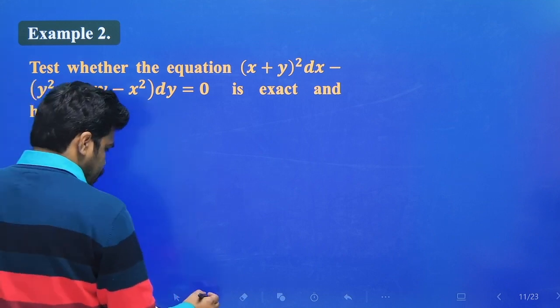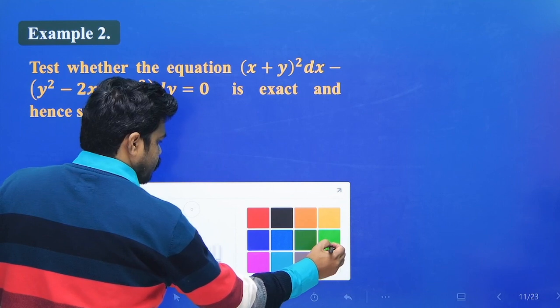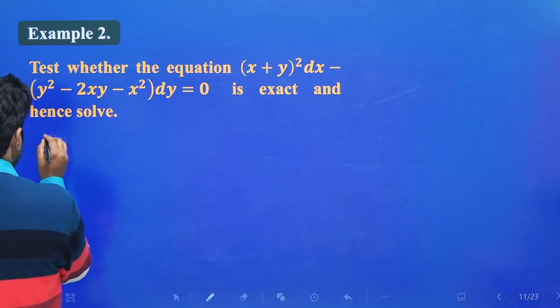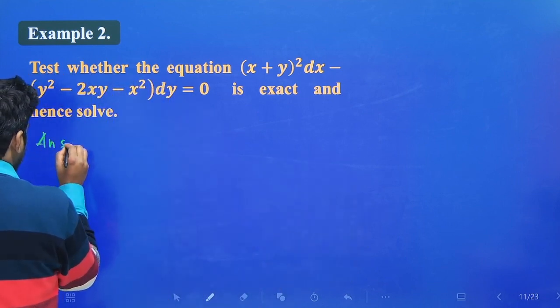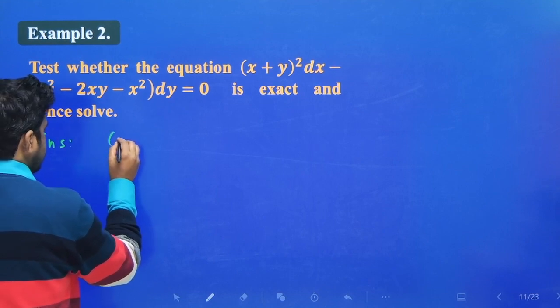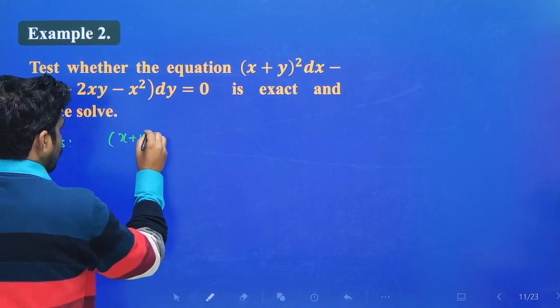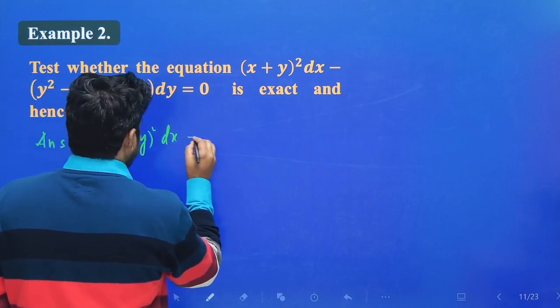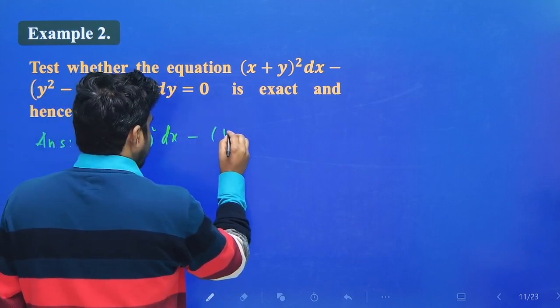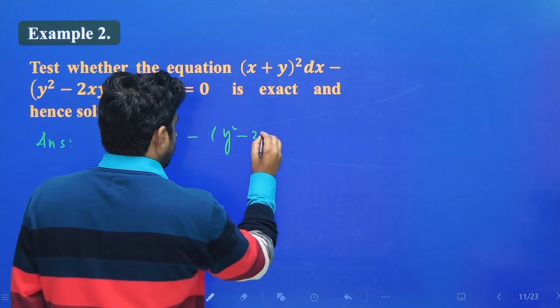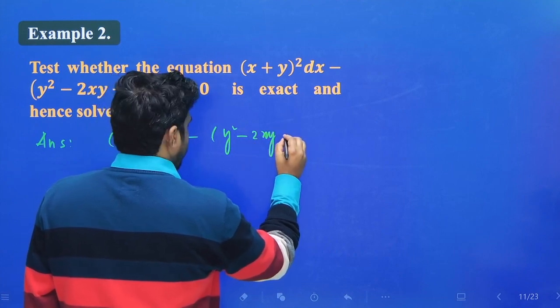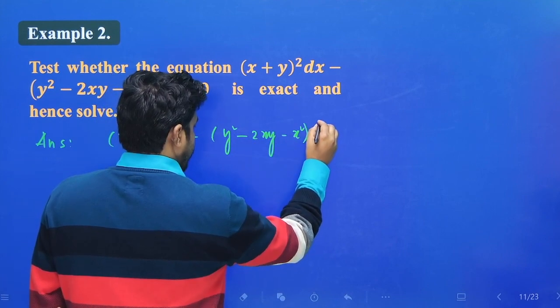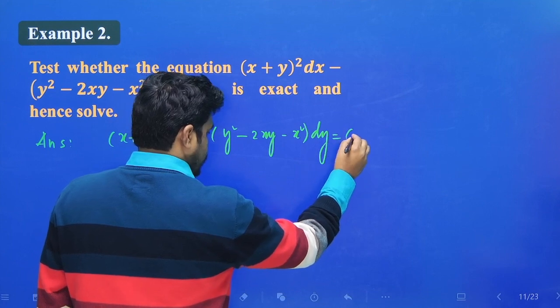So here the given differential equation is... what is our given equation? (x plus y) square into dx minus (y square minus 2xy minus x square) into dy is equal to 0.